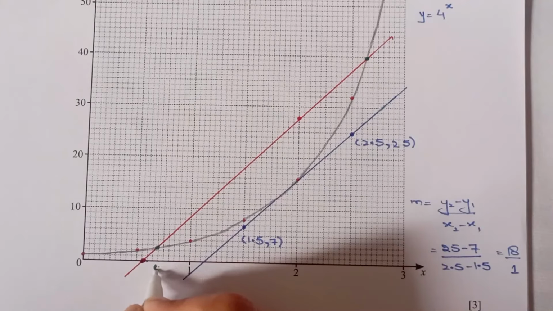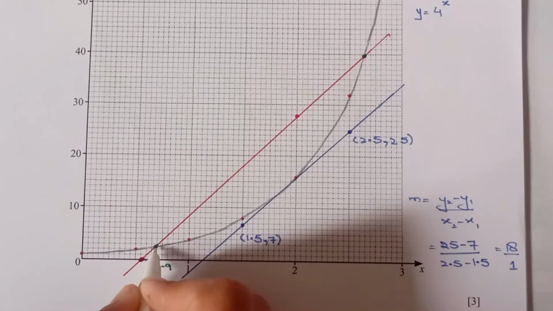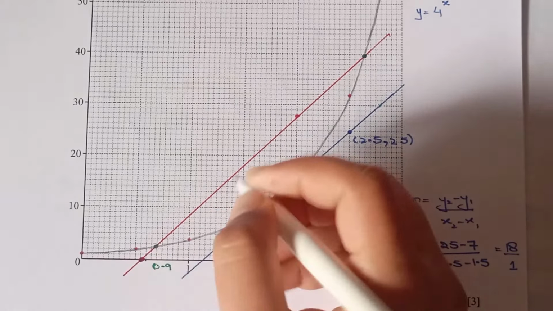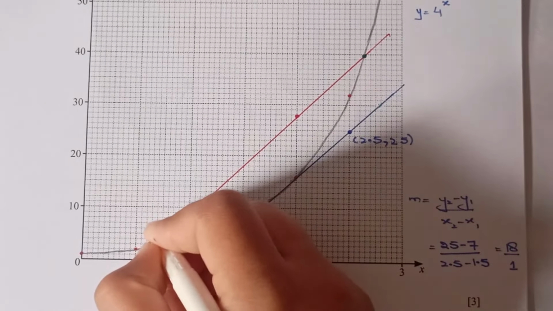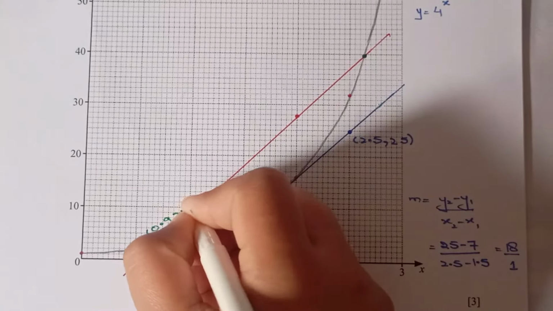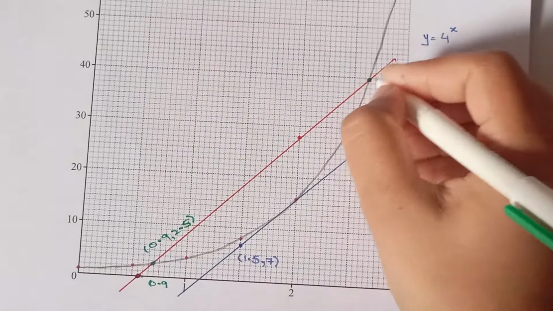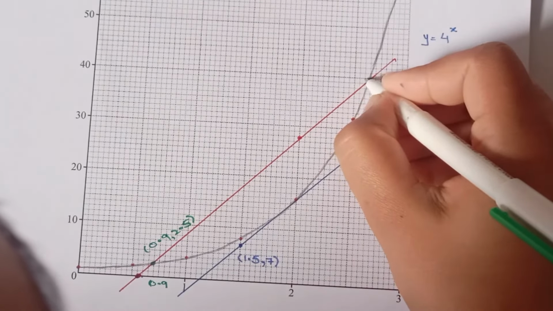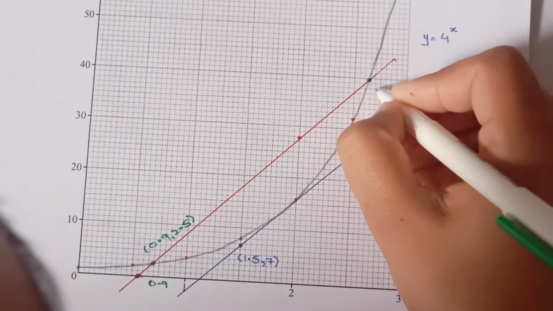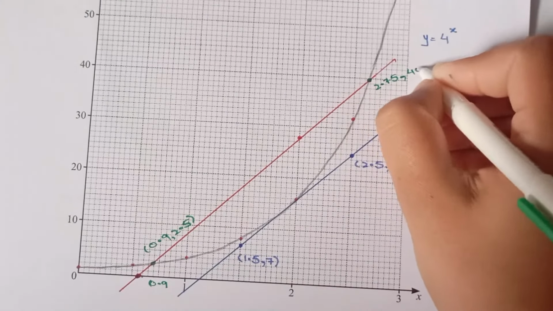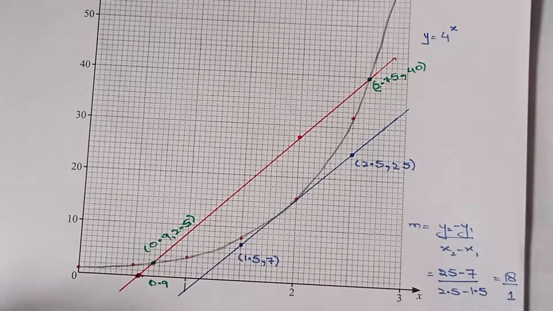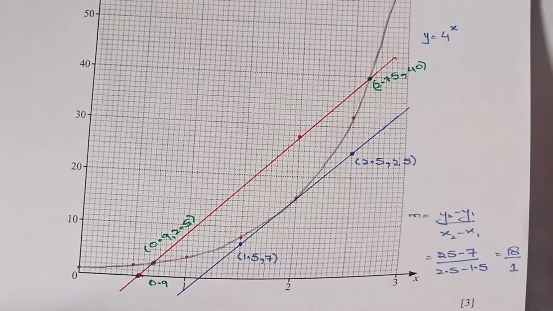This x is 0.9, and what is the y over here? 0, 1, 2, 2.5. Yes, the first point is 0.9 and 2.5, and here the x would be, we have 2.5 over here, 2.6, 2.7, 2.75 is the x, and the y is 40. So these are the two solutions.